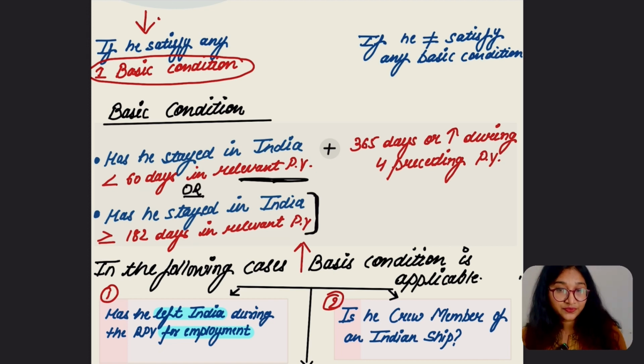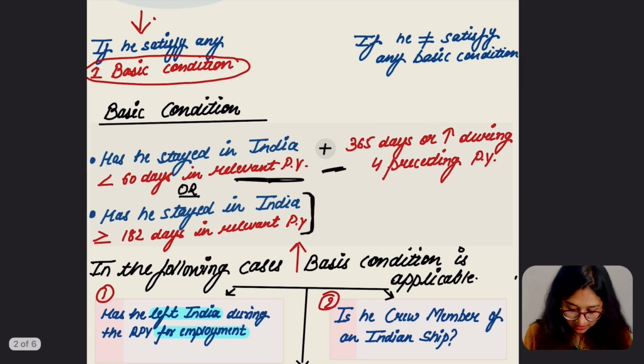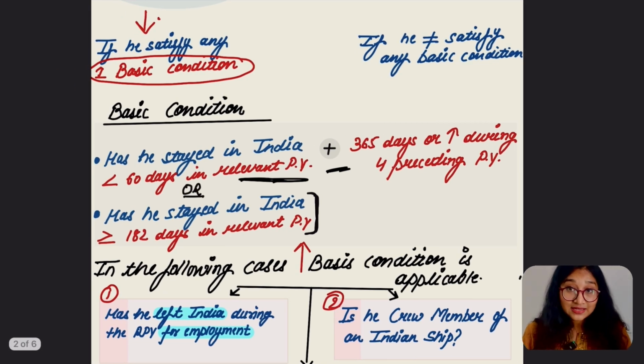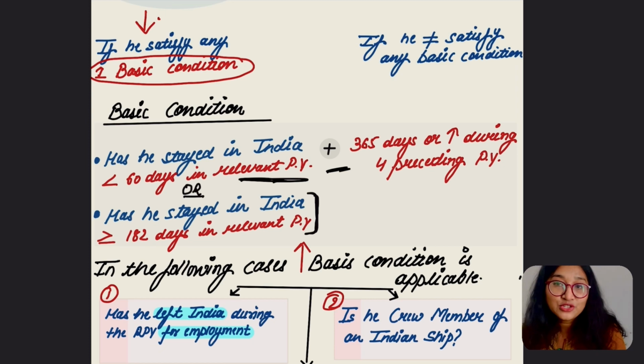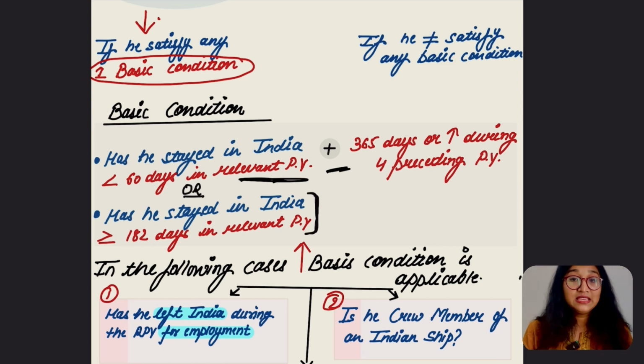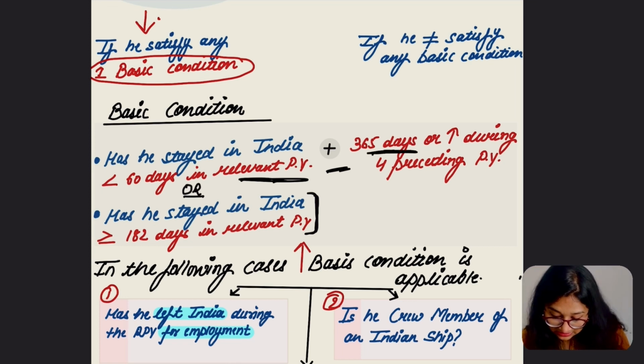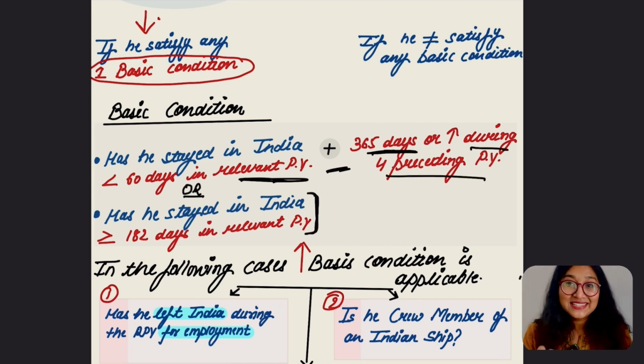If yes, there is also one more condition added, which says plus 365 days or more during the 4 preceding previous years. If he has stayed for at least 60 days in India, and with that he has stayed more than 365 days during the 4 preceding previous years, then he will be a resident of India.